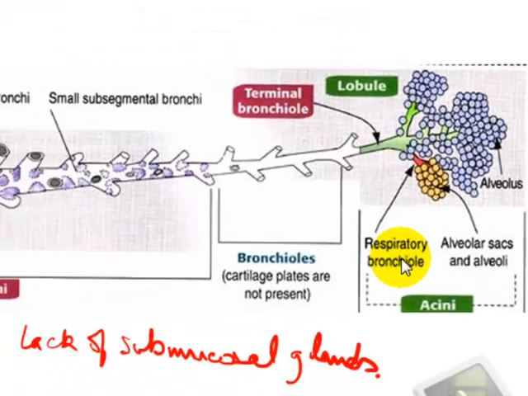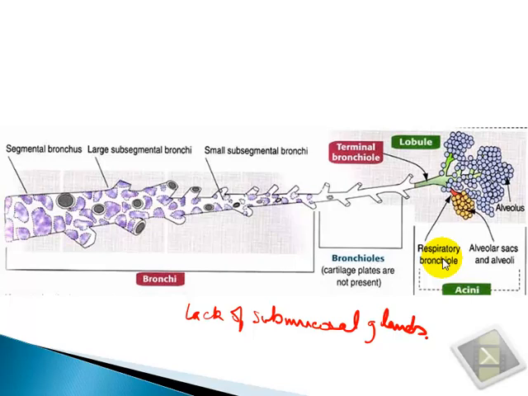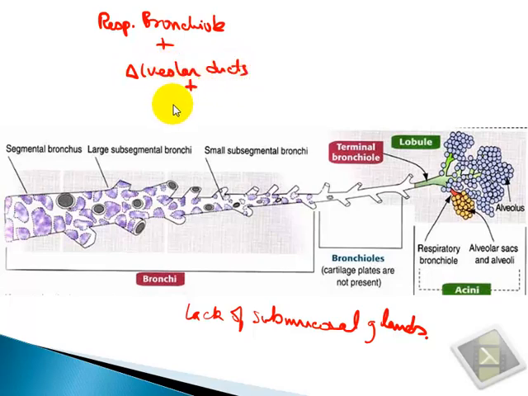So when you have these three components, let's write it over here: you have a respiratory bronchiole, plus the alveolar ducts, plus the alveolar sac, the exact final thing where the gas diffusion actually takes place.